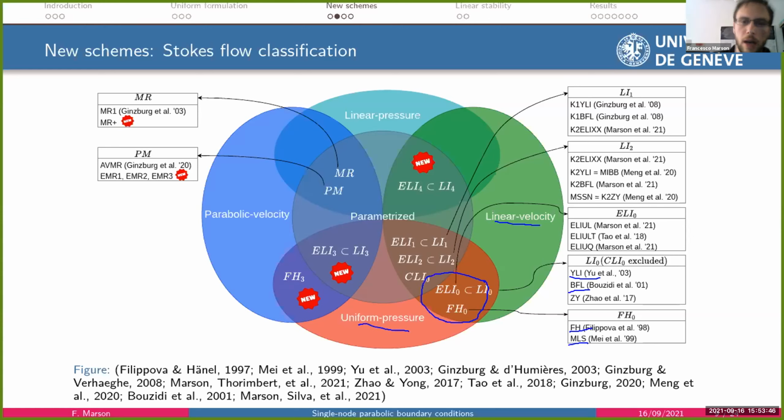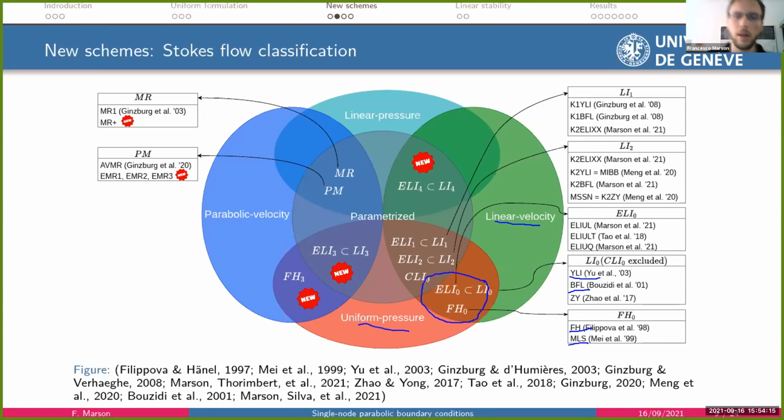Then we can correct them with the K1 correction to have a parameterized behavior. In this case, we go from this LI, ELI, and FH to the equivalent parameterized version, actually not for the Filippova, which we cannot parameterize. Then we have the equivalent accuracy, but with a parameterized behavior.